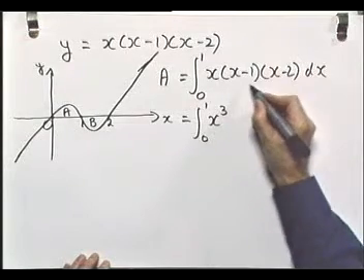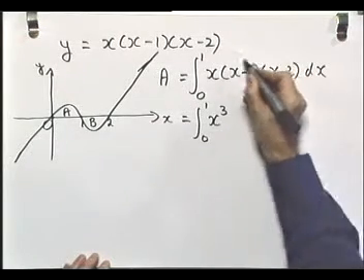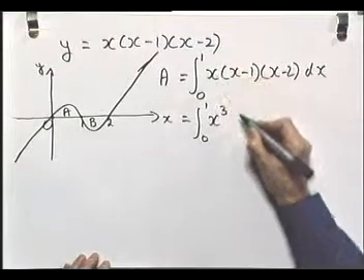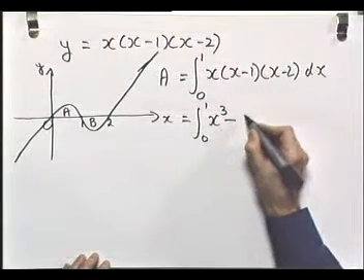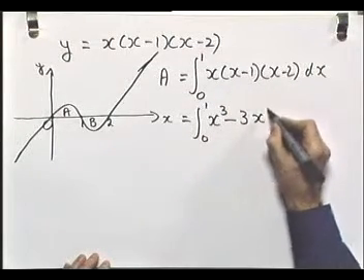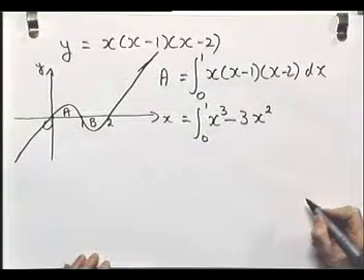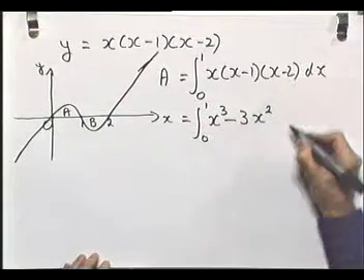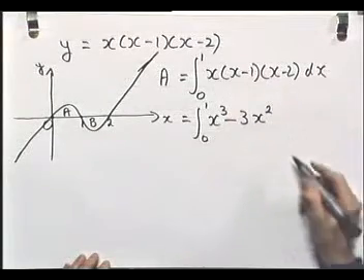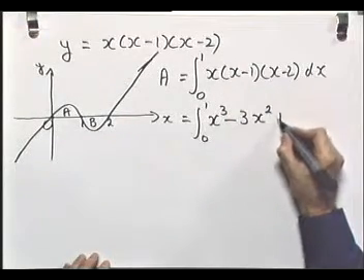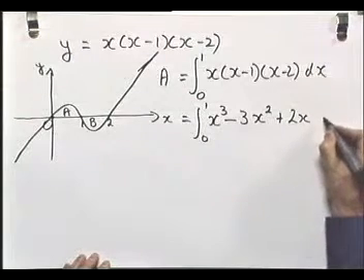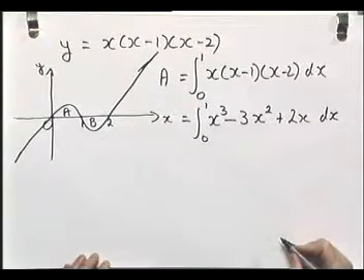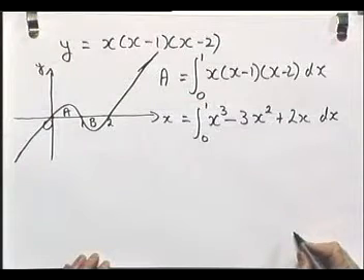So altogether I've got minus 3x coming out of these brackets, and I need to times it by x, so that's minus 3x squared. Then I've got minus 1 times by minus 2, that's plus 2, and I need to times that by x, so that's plus 2x, to be integrated with respect to x.